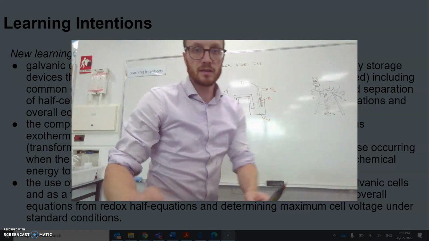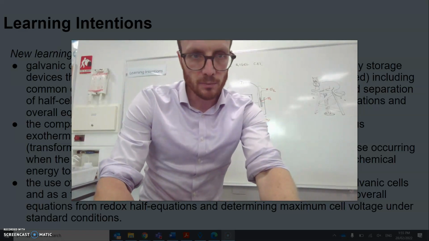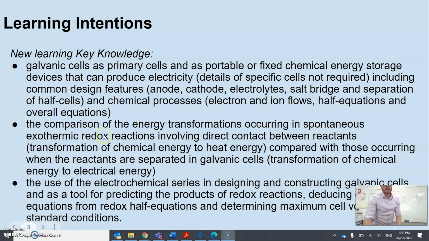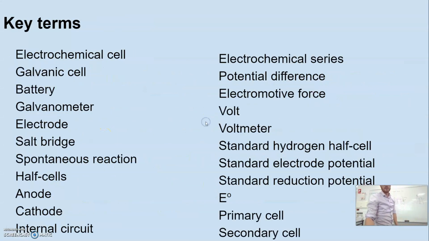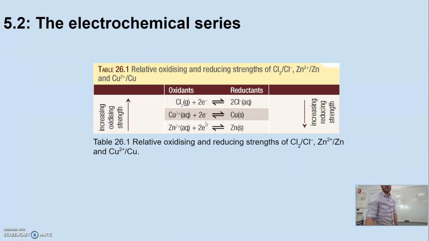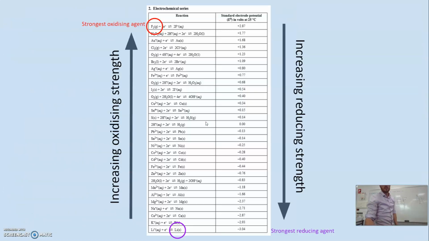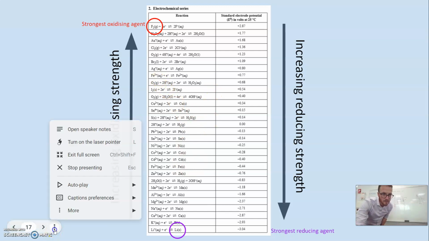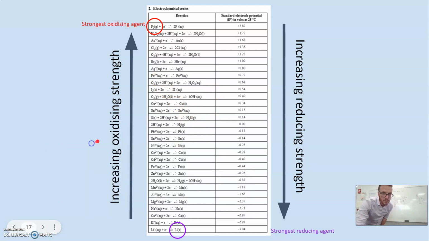Let's look at our electrochemical series. Looking at electrochemical series, we identify where's lead. Lead is here.